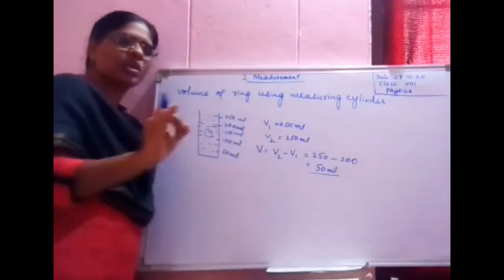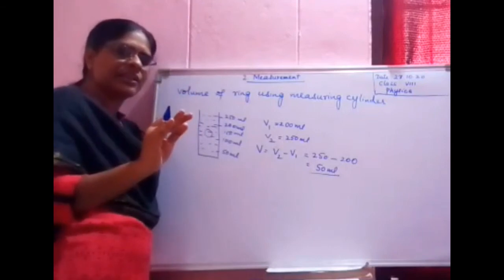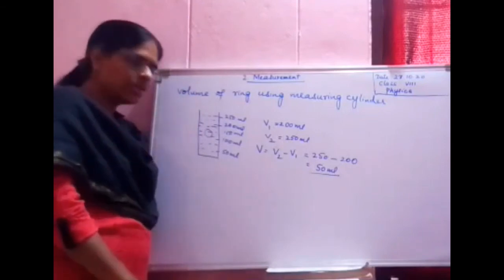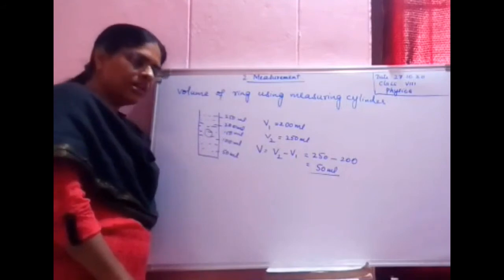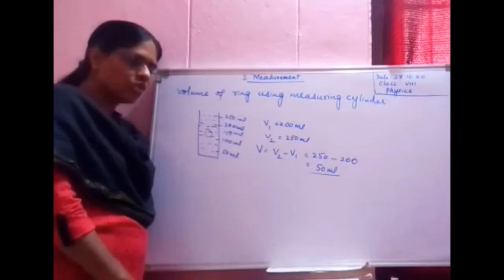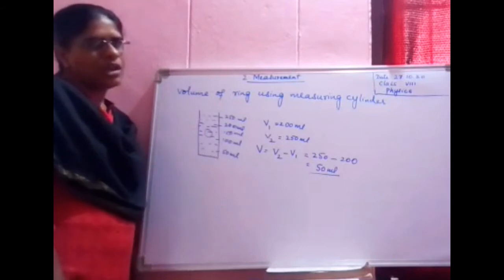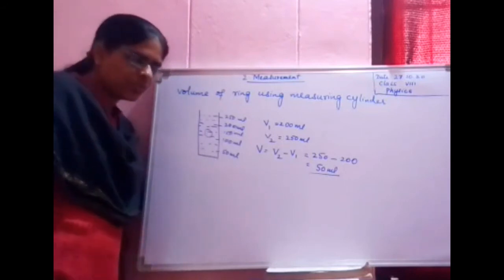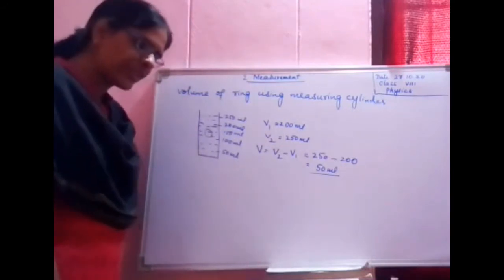We need water, a gold ring, and a measuring cylinder. Yes or no? Look at the materials: graduated cylinder, water and gold ring. Procedure. Now look at the procedure. There are figures 2.3, 2.4, 2.5, 2.6 and 2.7.